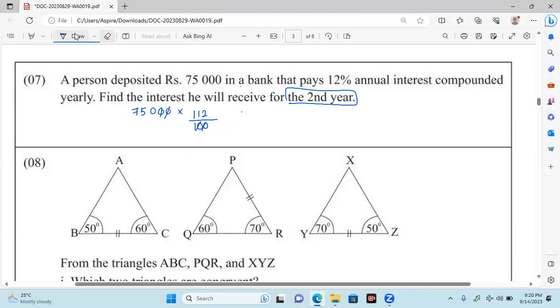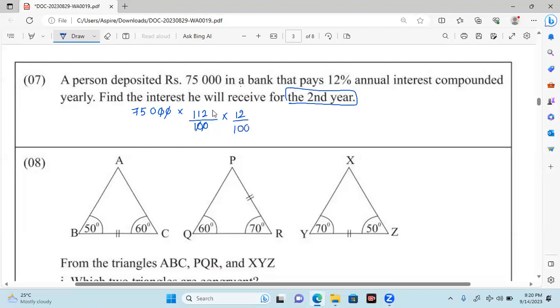in the account, but we have to calculate the interest for the second year. When we calculate the interest for the second year, we calculate it on the deposited amount plus interest at the end of the first year. Therefore, to find the interest he received for the second year, you have to multiply by 12 over 100.